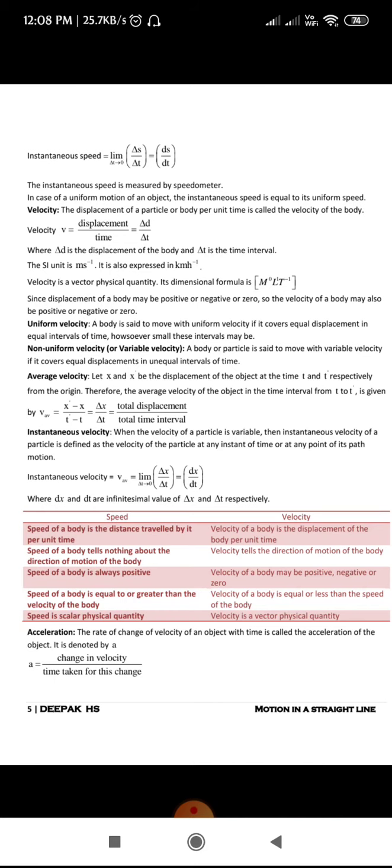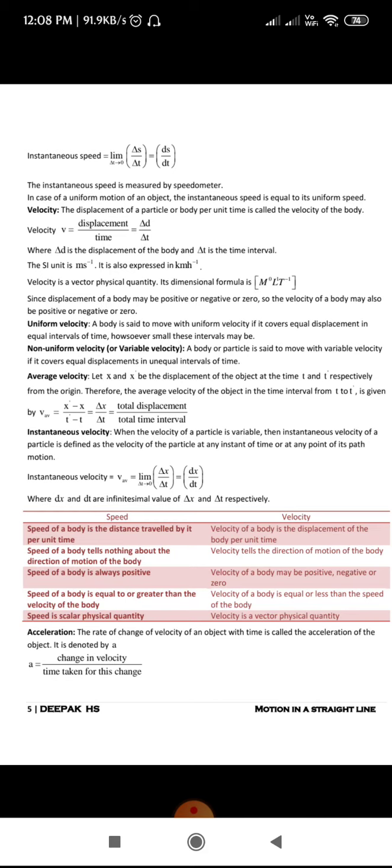The SI unit is meter per second, or it is also expressed as kilometer per hour. Velocity is a vector quantity, and coming to the dimension formula, I'll come to that later.